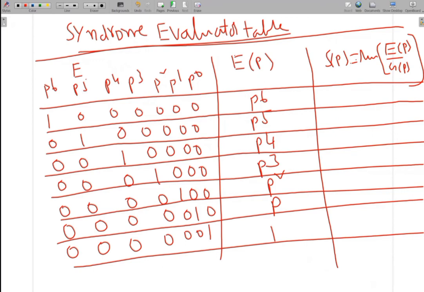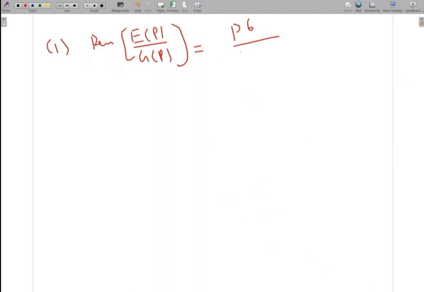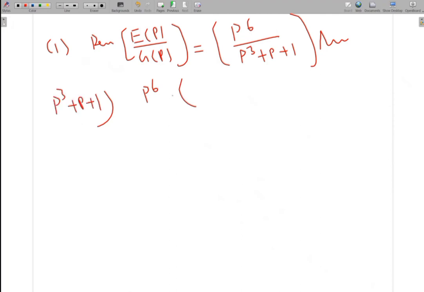The remainder of E of p by G of p, that is, p power 6 divided by p cube plus p plus 1, remainder. p power 6 by p cube plus p plus 1.